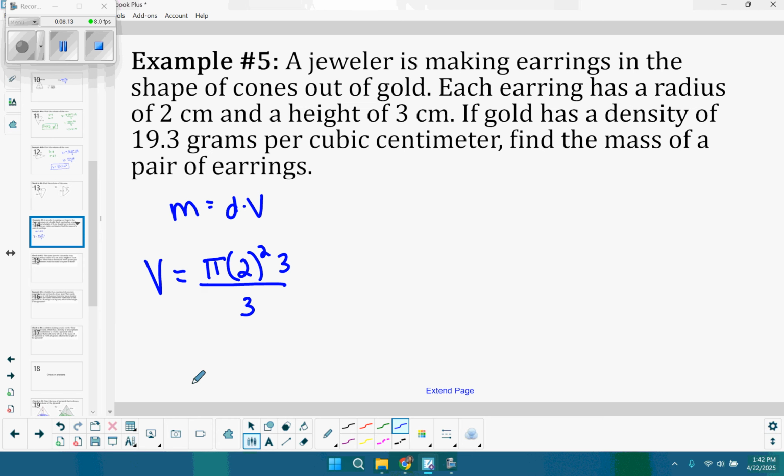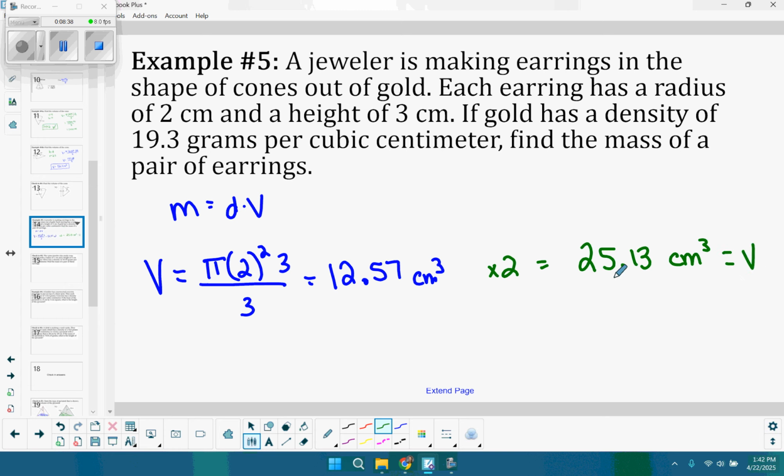So for one earring has a volume of 12.57 cubic centimeters, and a pair of earrings would be 2 earrings. So if I double this, I'm going to get 25.13 cubic centimeters. So my volume now is 25.13. My density from before was 19.3.